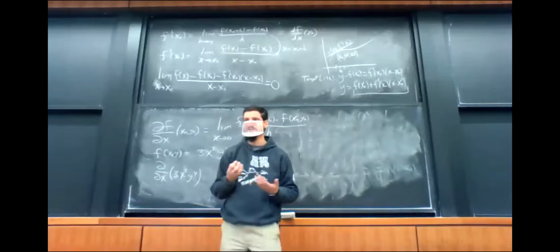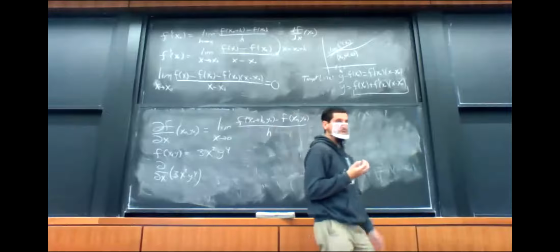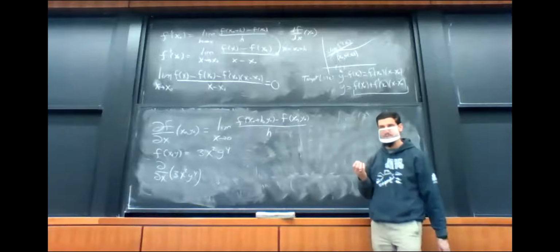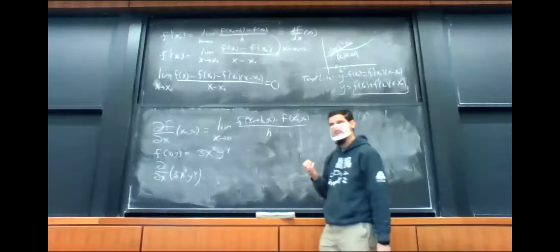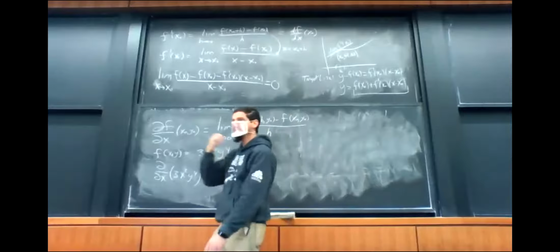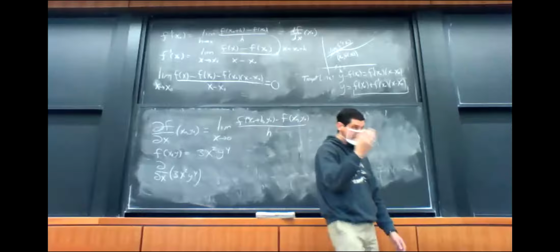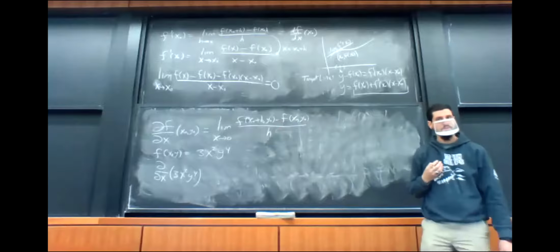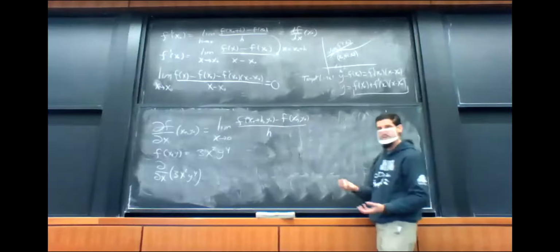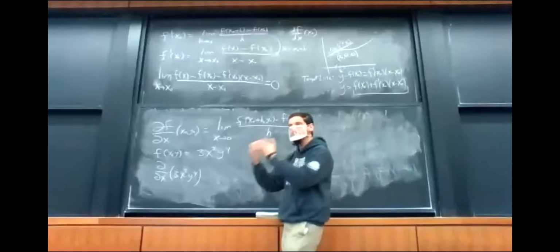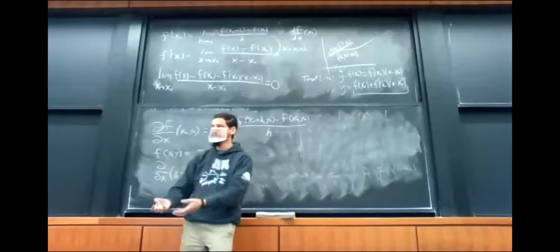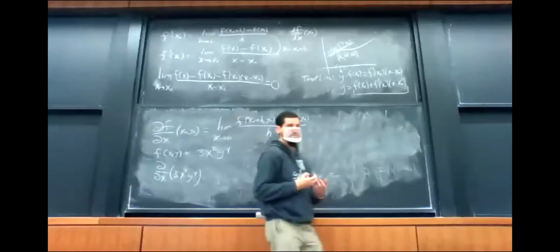Derivative of x squared, 2x. What's the derivative of constants times x squared with respect to x? If I had c times x squared, what would its derivative be? Just c times 2x. This is the constant rule. The derivative of a constant times the function is the constant times the derivative of the function.